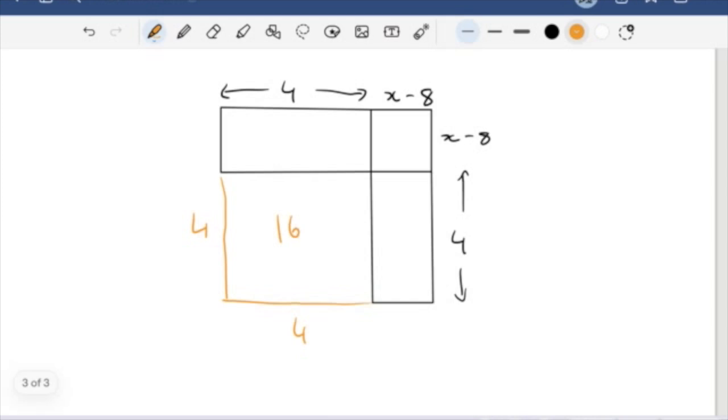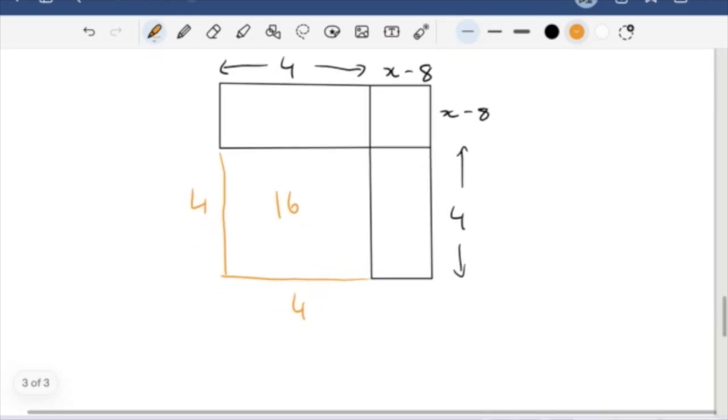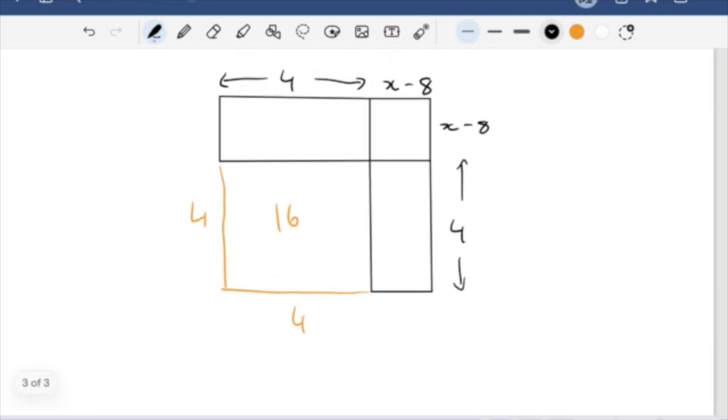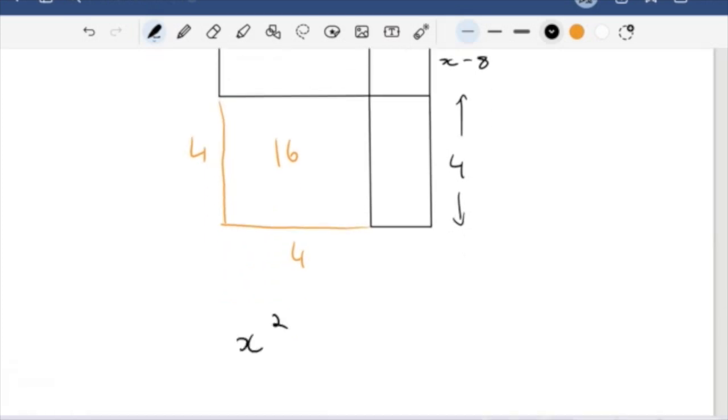So I've completed the square in this negative case. To make this factorize down to a perfect square, I have to add 16 to my original expression. My original expression was x squared minus 8x, and I'm going to add 16 to that.